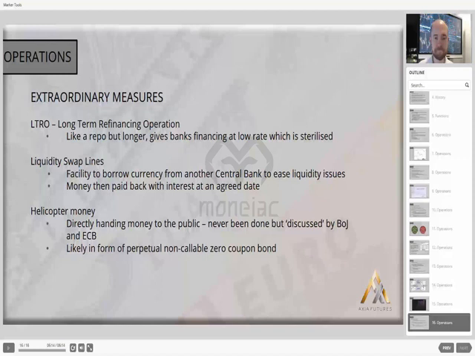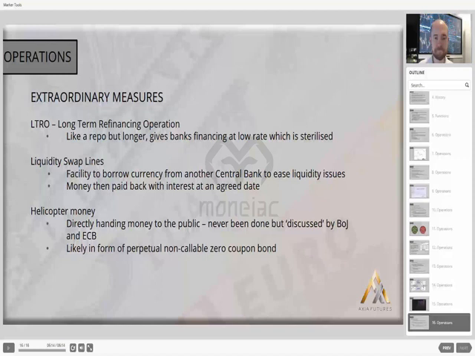Next up, liquidity swap lines. These are done between two central banks. Now, the idea is that a central bank can borrow from another central bank a certain amount of their currency. So this could be needed if there's liquidity problems in, say, the UK, in terms of UK banks struggling with dollar funding.